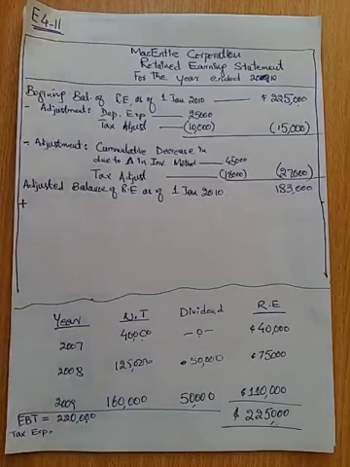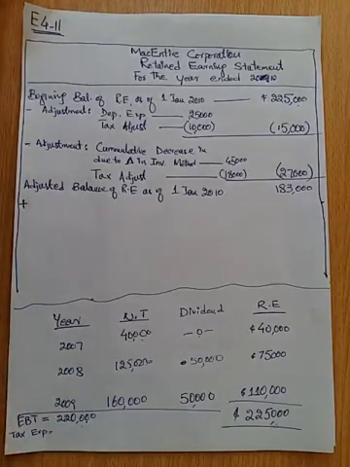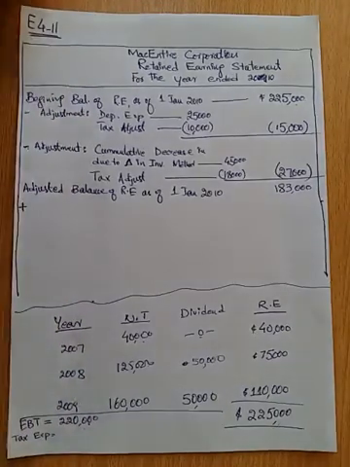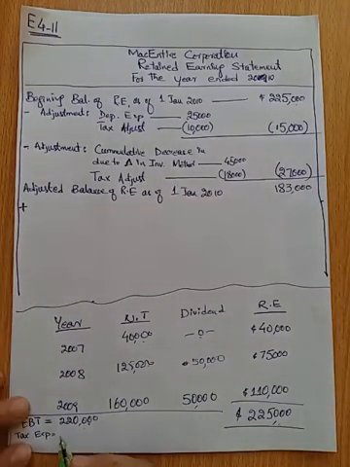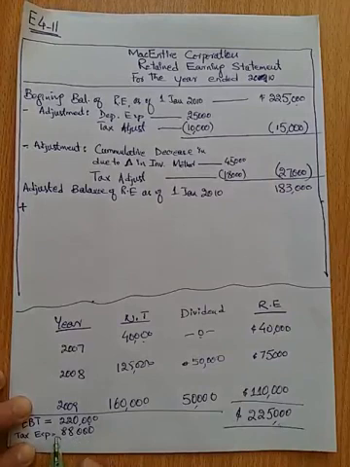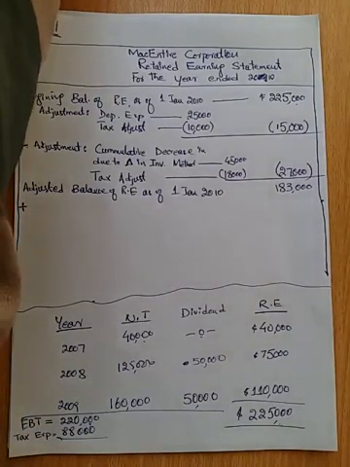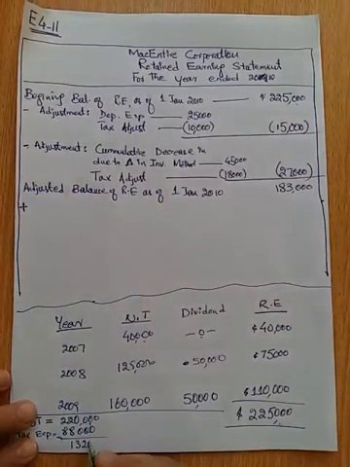So let me just do it directly in my computer right now. 220,000 multiply by 40%. So that gives me 88,000. Okay, and when I subtract this 88,000 from $220,000, I get $132,000 net income.